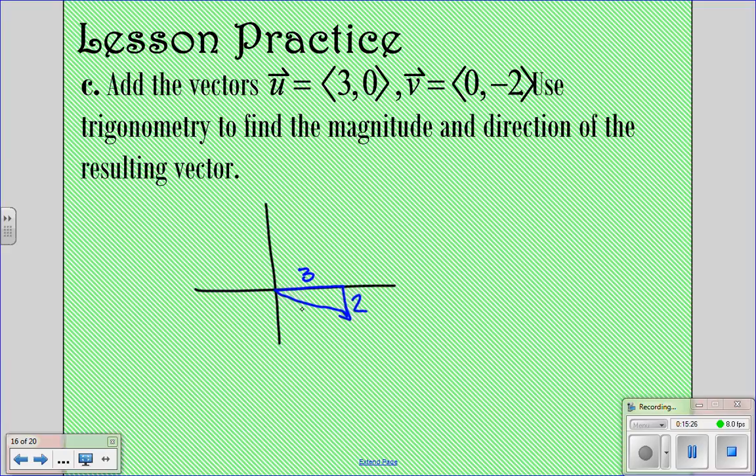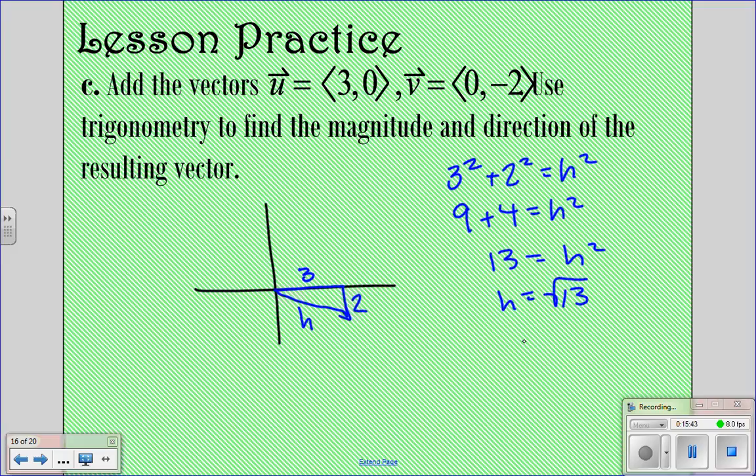So we're going to start off by finding the hypotenuse. We're going to use the Pythagorean theorem. 3 squared plus 2 squared equals h squared. So that'd be 9 plus 4 equals h squared. So that's 13. And if you take the square root, you get the square root of 13, which is approximately 3.6. So you can put either one of those. Both of them are acceptable. Okay? Now that's the magnitude.